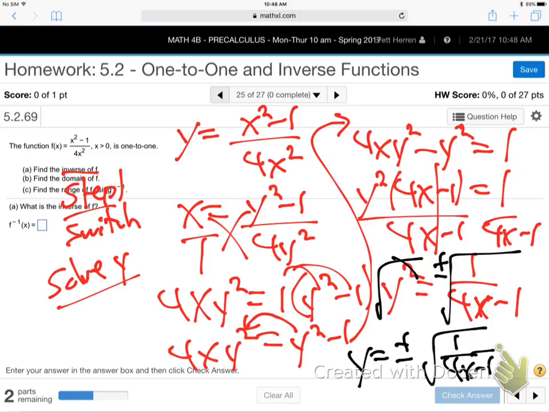How about a logical reason? Because you can't have negative. Why not? You can't have a negative. Who said it? What's that? Robert said it. Robert said it, so it's done. No. Who says? Look right there. They said x. No, hold on. Wait a minute. Let's be careful. They said x is bigger than 0.